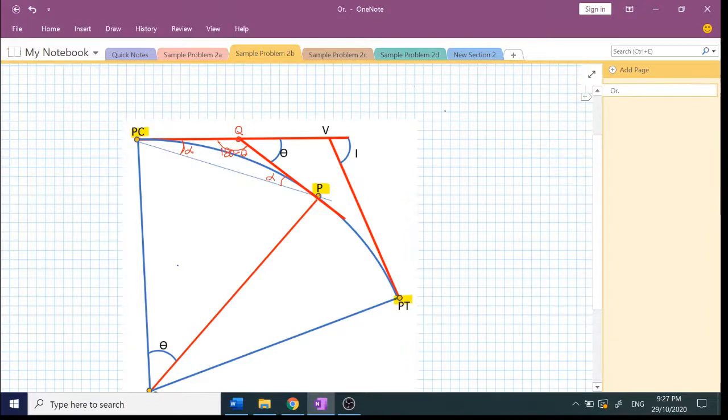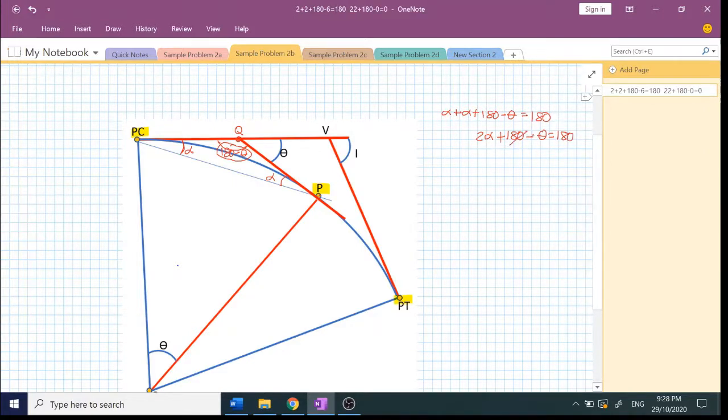That is equal to alpha plus this angle, which is 180 minus theta. And the sum must be equal to 180 also. So that you can have here twice alpha plus 180 minus theta shall be equal to 180 also.